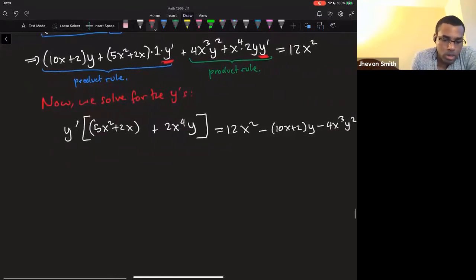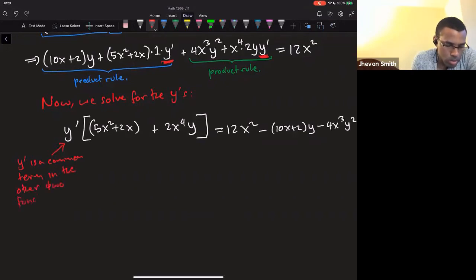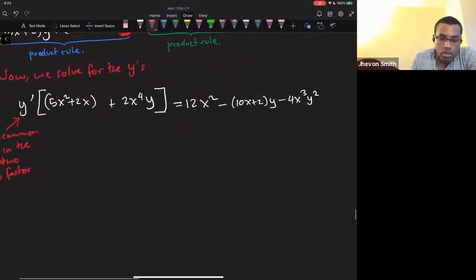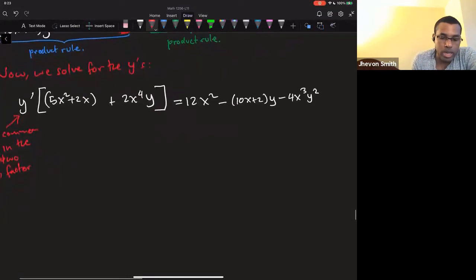So here, y prime is a common term in the other two terms. Factor it out. And now you just divide both sides by that thing.